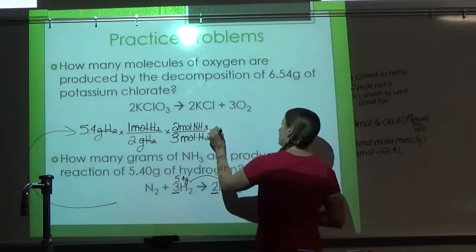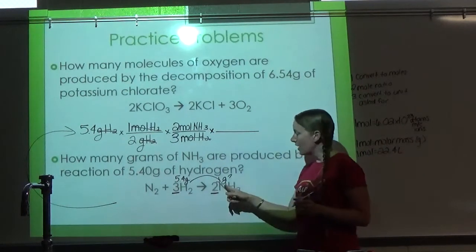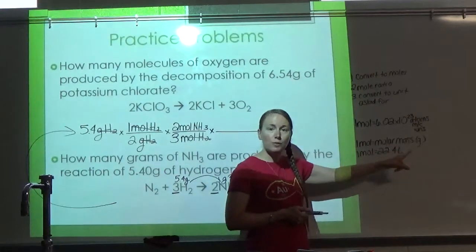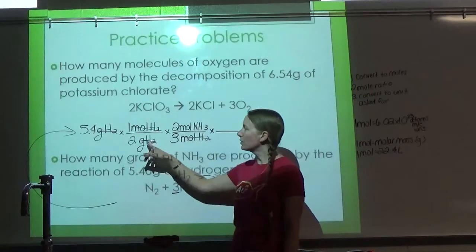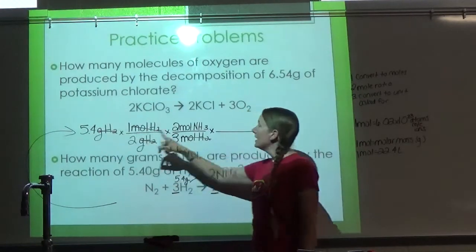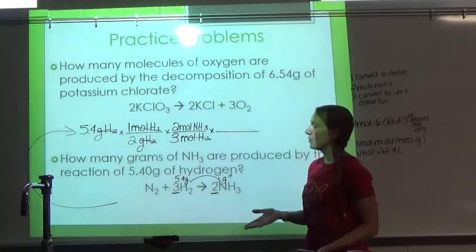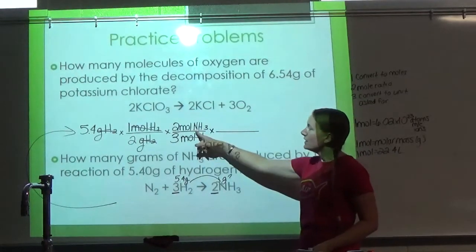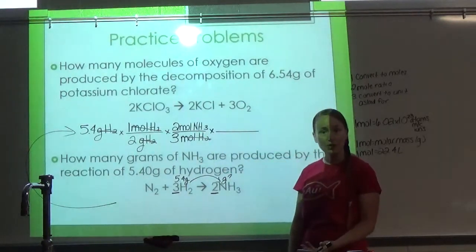The last step is convert to the unit asked for. I asked for grams, so what are you going to use? When we use grams, we use molar mass. Now you may think, wait a minute, we just did molar mass. Well, we did molar mass for H2. Now we're talking about NH3, so we have a different molar mass to work with. When you add up NH3 on the periodic table, N is 14, H is 1 times 3, so you get 17 grams.